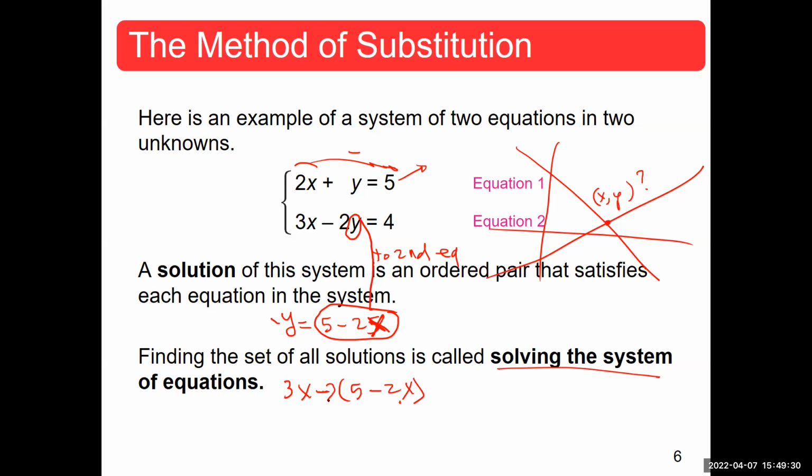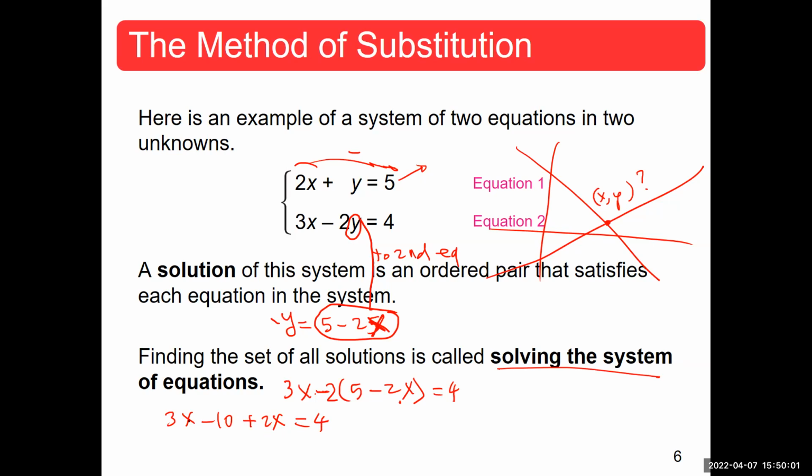There is a 2 in front here. I forgot that 2. This is 2y. So instead of that y, I put this one, equals 4. Okay. Now let's simplify it. 3x minus 10. Now negative times negative is positive, 4x equals 4.